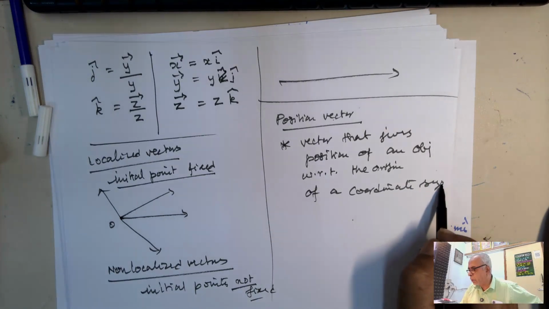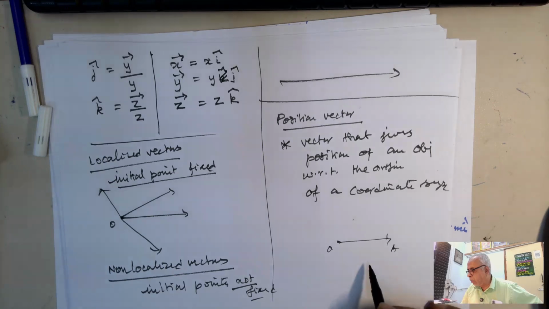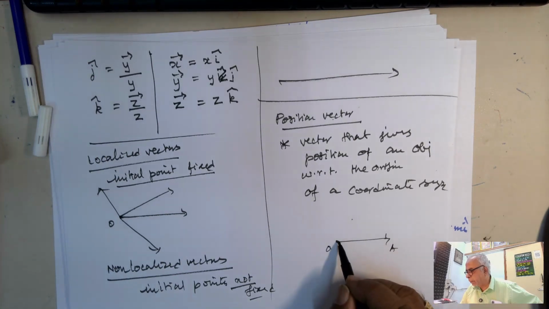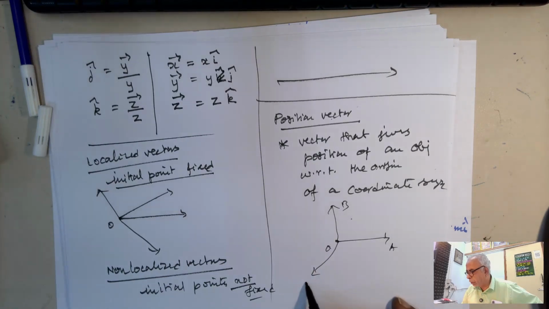What do you mean by coordinate system? This is x, y, z. So from O, you have got A. So this OA is a position vector. OB another position vector. OC another position vector.